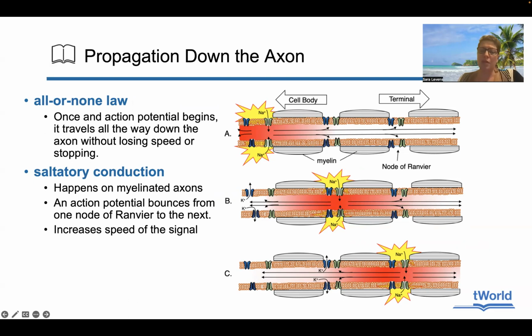Once an action potential begins, it travels all the way down the axon, and that's kind of why another one can't get started. You've got one electrical wave, and if we have a heavier one over here, it's just going to overtake it. That can't occur. It's just down the axon, down the axon. And so it's all or none. Once the action potential starts, it travels all the way down.